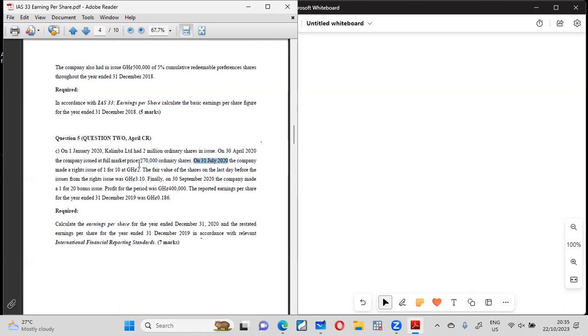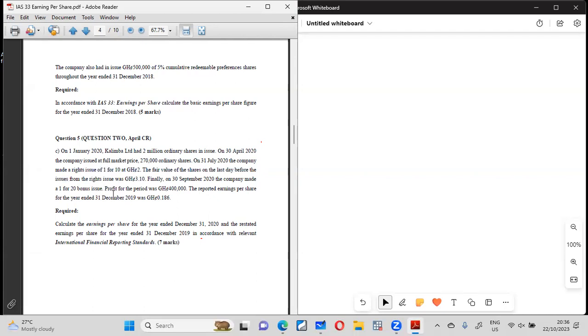Then in July, the company makes a rights issue. The fair value of the share on the last day prior is there to help you with your rights issue. Then in September, the company makes a bonus issue. So everything is inside one question: full market, bonus and rights issue.